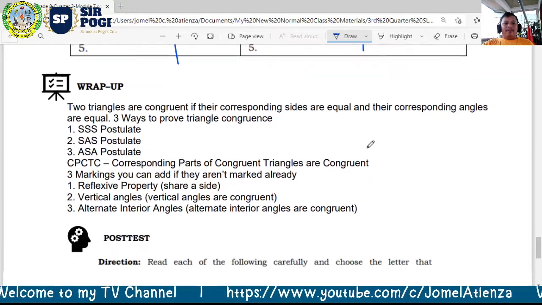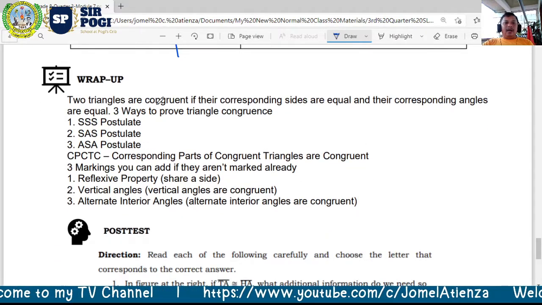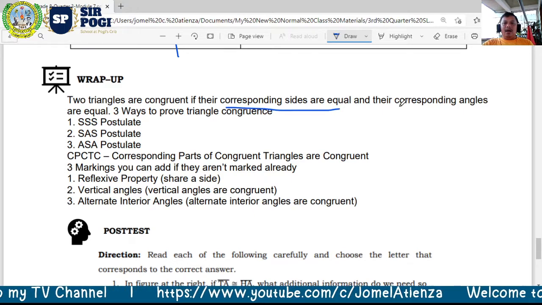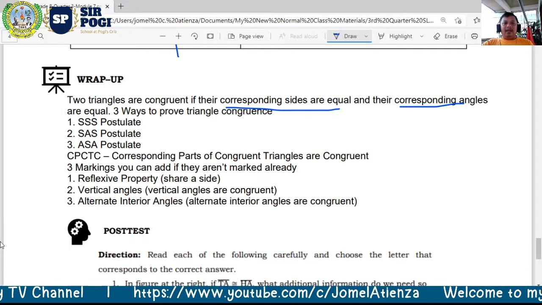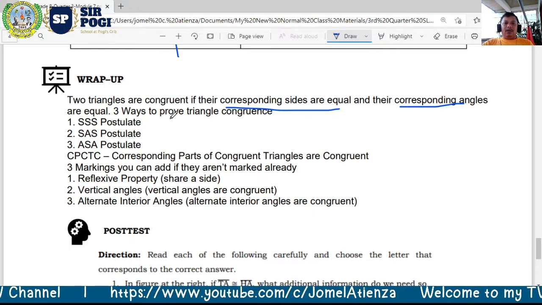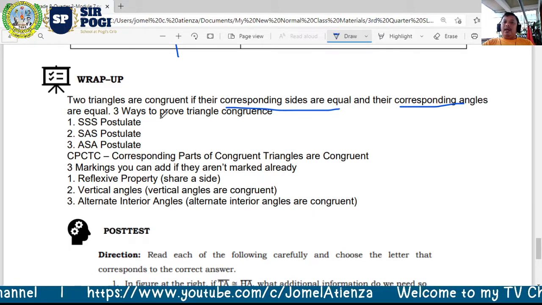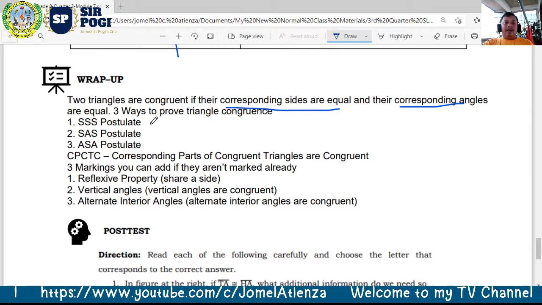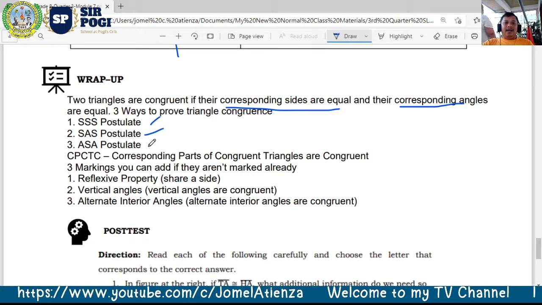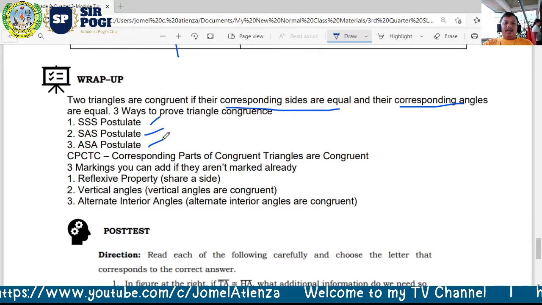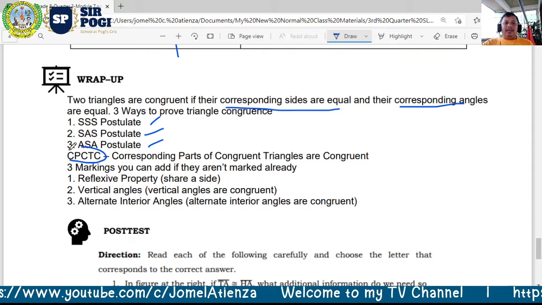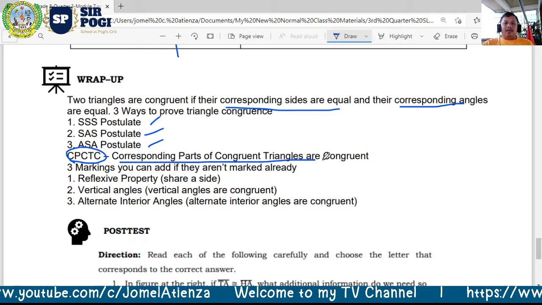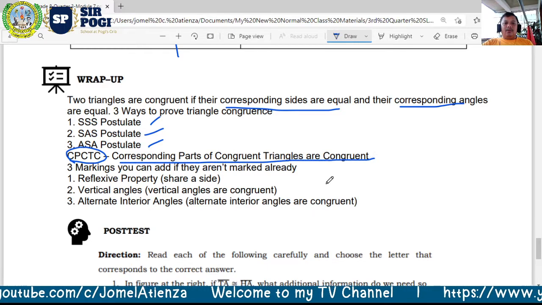Okay, so to wrap up, two triangles are congruent if their corresponding sides are equal and their corresponding angles are equal also. So, these are the three ways to prove triangle congruence: the SSS, SAS, and ASA. And when we say CPCTC, these are the corresponding parts of congruent triangles are congruent.